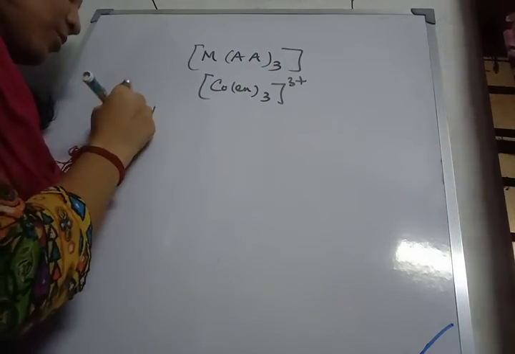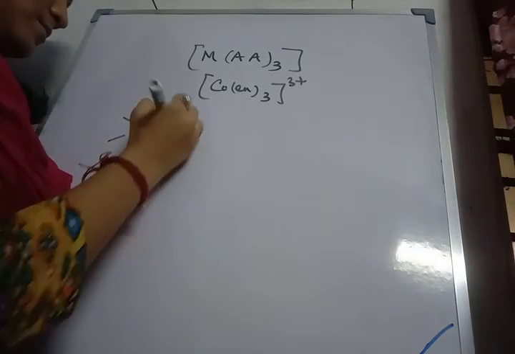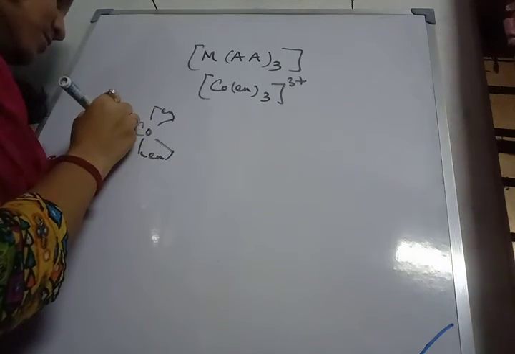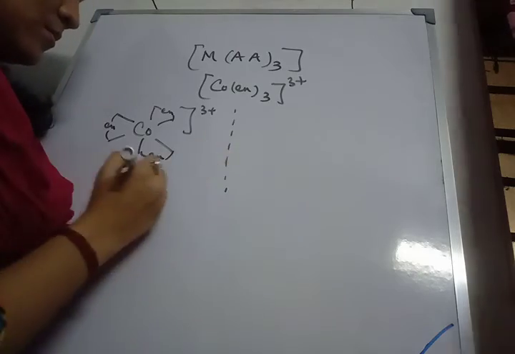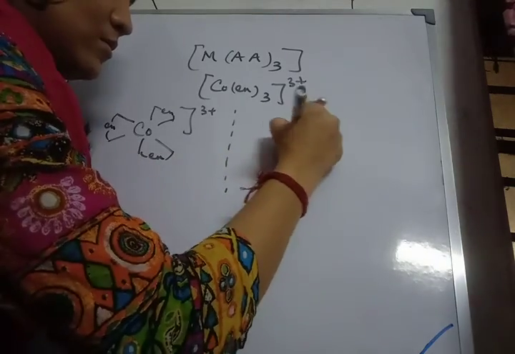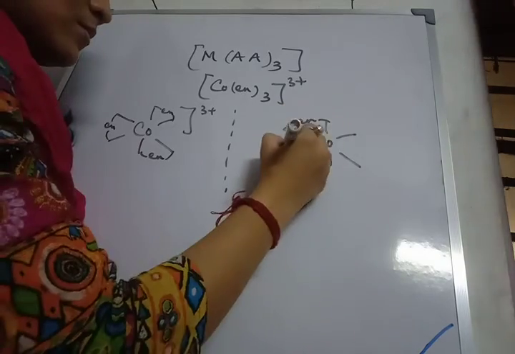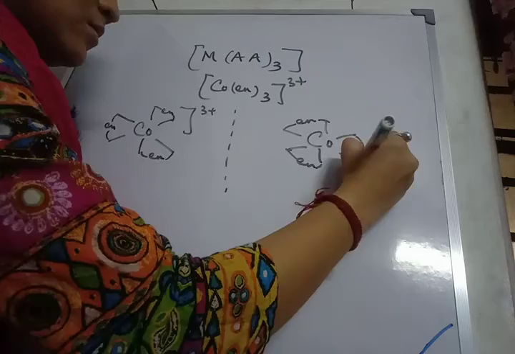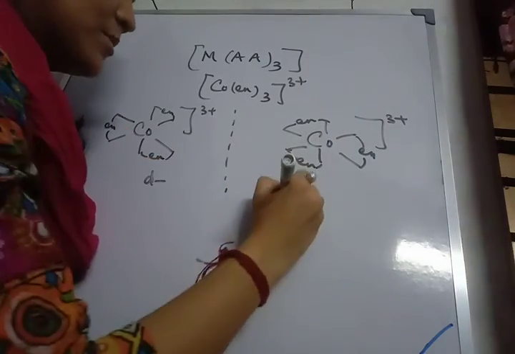So it's the cis form. So this is your D form, this is your L form.